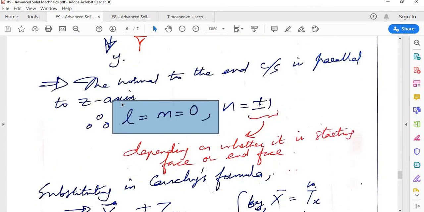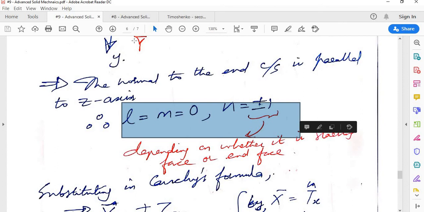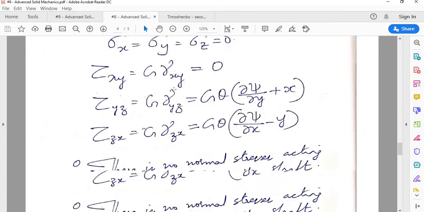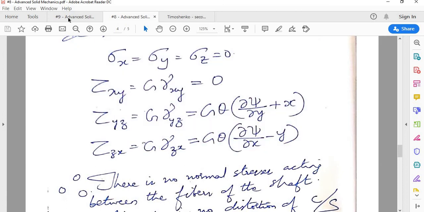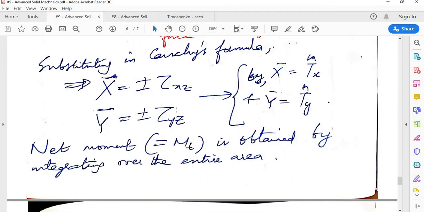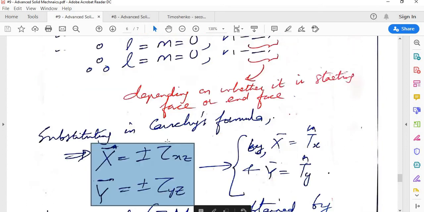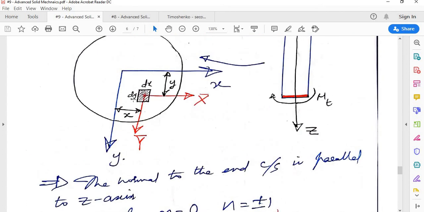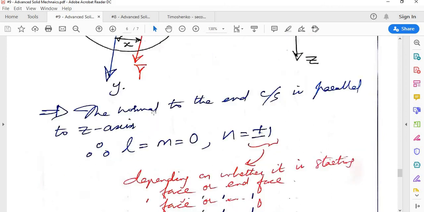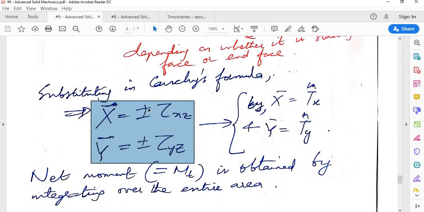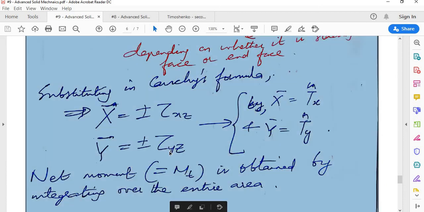Substituting these into Cauchy's equation and also using these values of stresses, you will get two equations. One is x bar, the stress along the x direction, which will be plus or minus tau xz, and y bar, the stress along the y direction, is plus or minus tau yz.